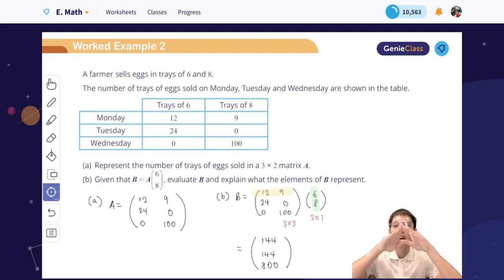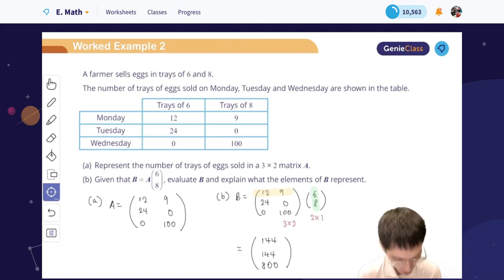This gives me the total number of eggs because I have 12 trays. Each tray has how many eggs? 6 eggs. I want to find how many eggs in total: 12 times 6. So if you replace the number of trays with x, you get the notion.